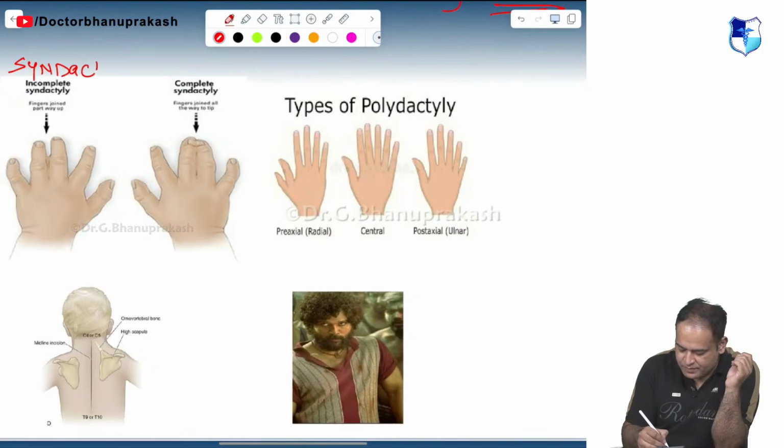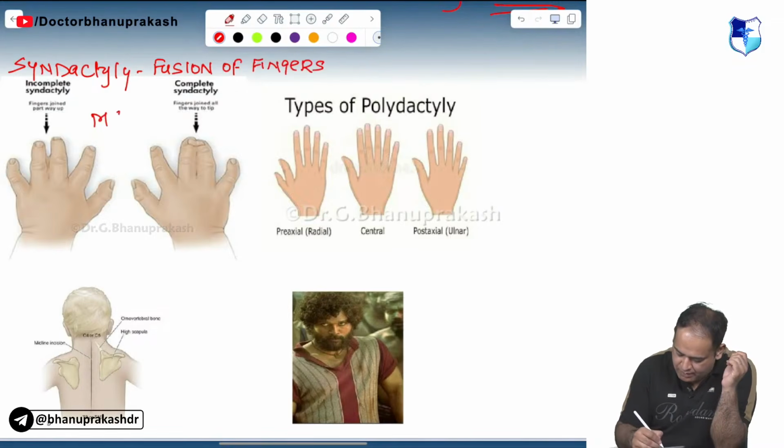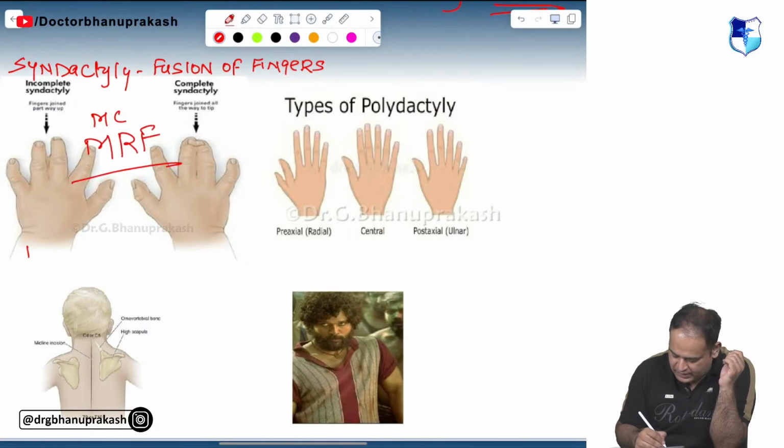So syndactyly is fusion of fingers, and most commonly it is seen between the middle and ring finger.